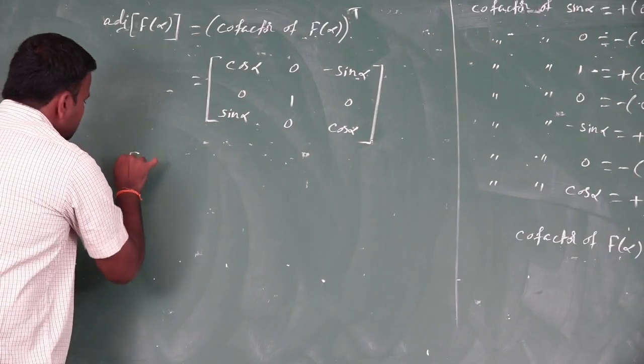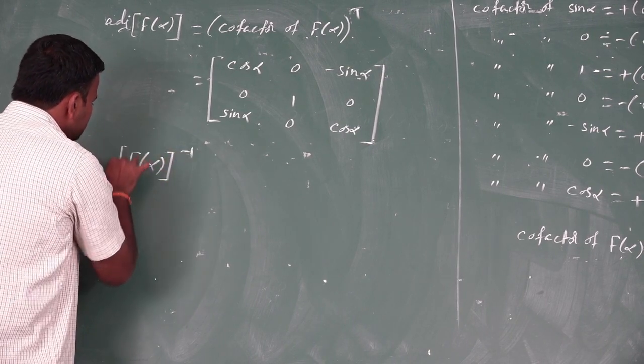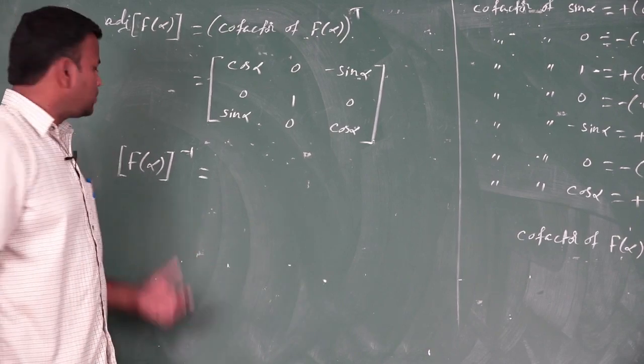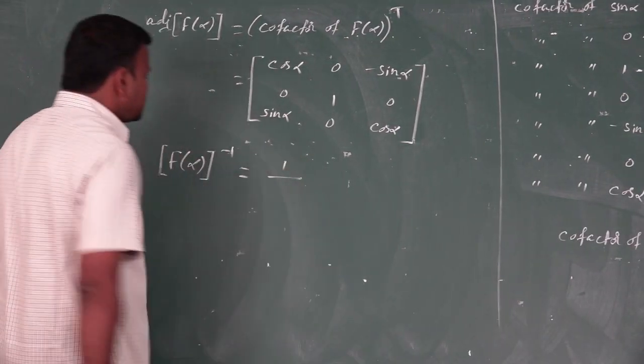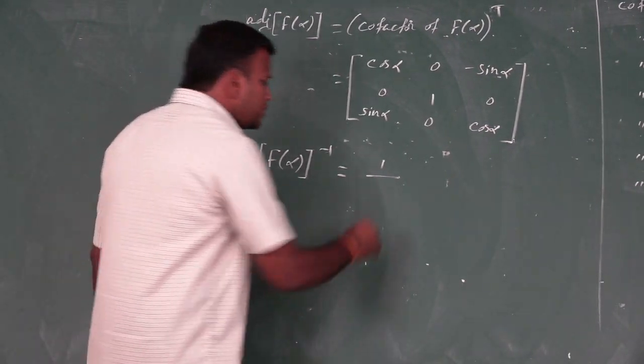Next, we write f of alpha the whole inverse. We already wrote the formula. The formula of f of alpha the whole inverse is 1 by the determinant of f of alpha, into the adjoint of f of alpha. The value of the determinant of f of alpha is also just 1.